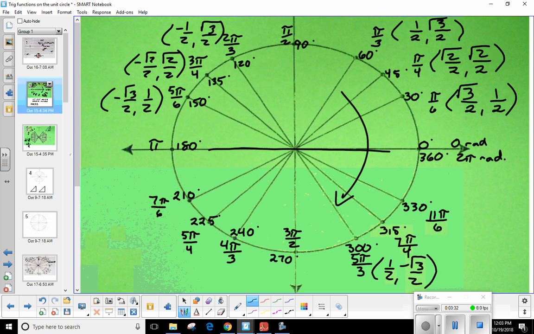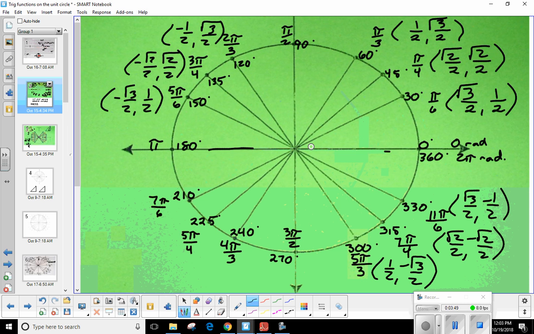The 45 would correspond to the 315, which would be square root of 2 over 2, negative square root of 2 over 2. And then our last one here, square root of 3 over 2, negative 1/2. You see, very quickly, just by using the symmetry, we can get those ordered pairs very, very quickly.